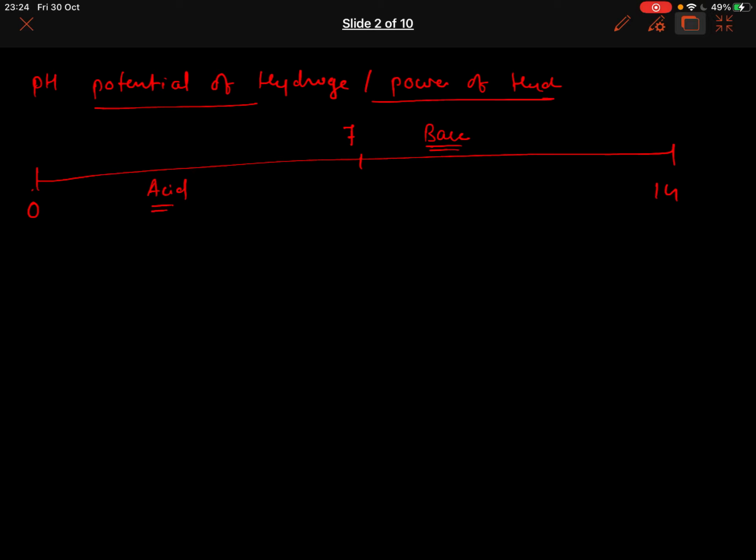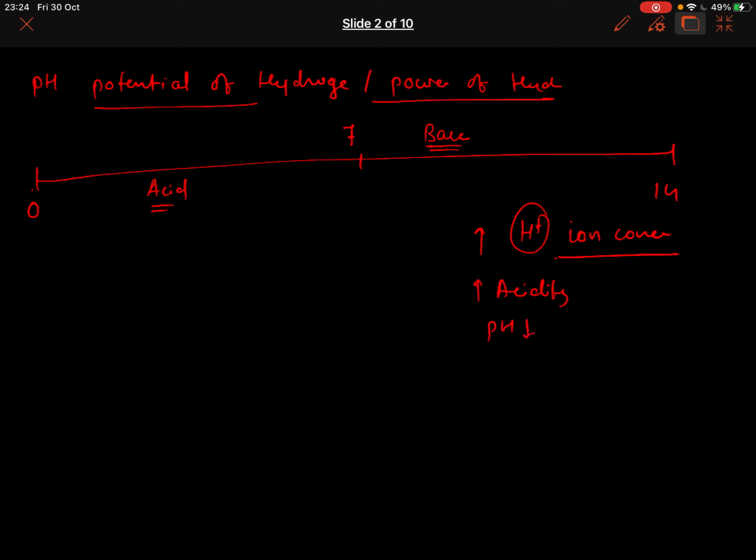As pH is the potential of hydrogen or power of hydrogen, one very simple thing that comes out of this is that as the pH of any substance changes, the hydrogen ion concentration changes. The higher the hydrogen ion concentration of a substance, the higher the acidity, or the lower the pH.